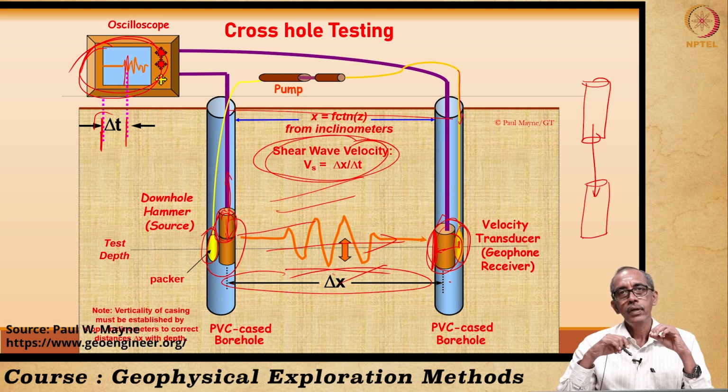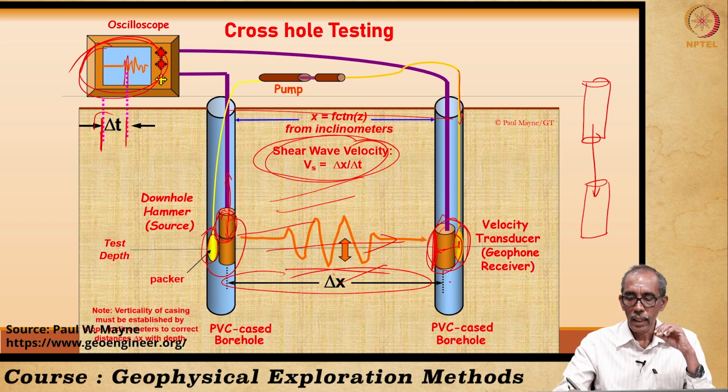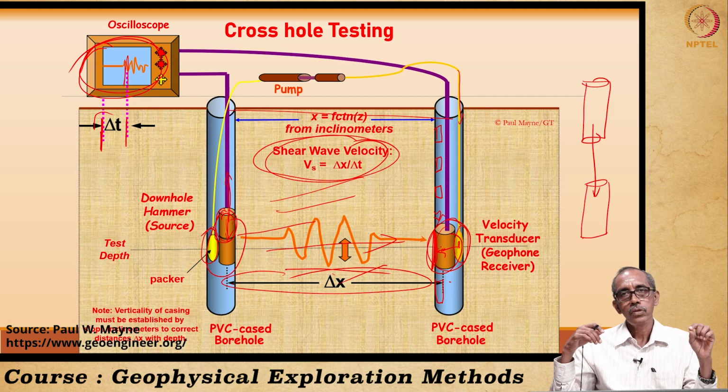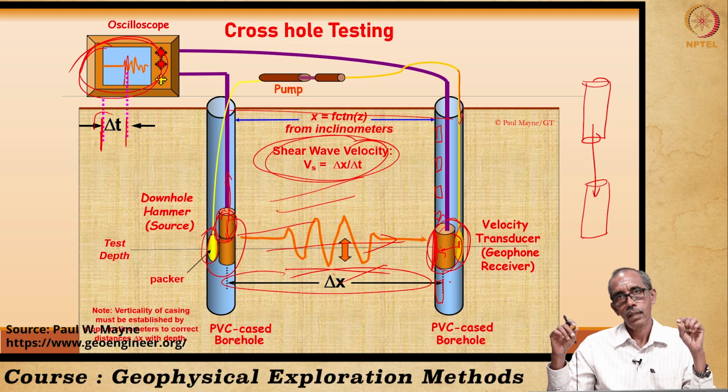Usually, we repeat this by keeping the geophone at different depths. First, second, 3, 4, this is number 5, then this is number 6. Is it clear? That means both the location of the source as well as the receivers can be varied, right?